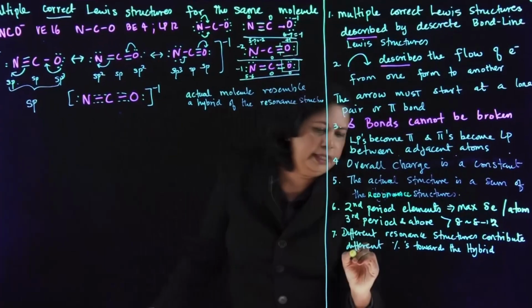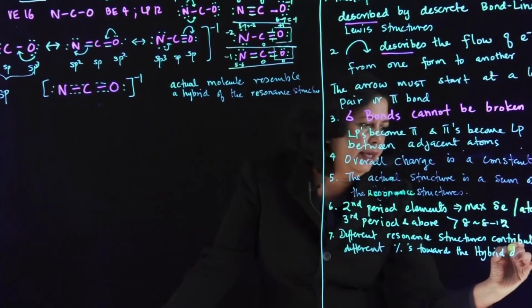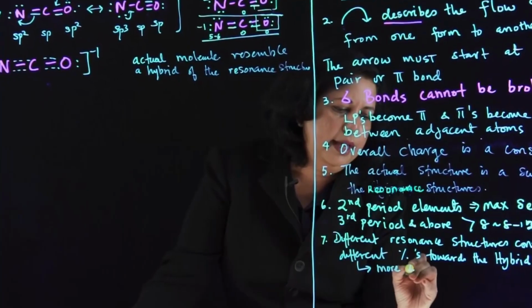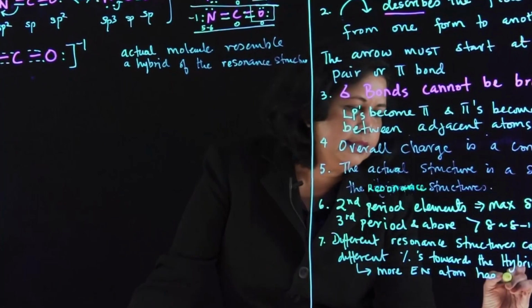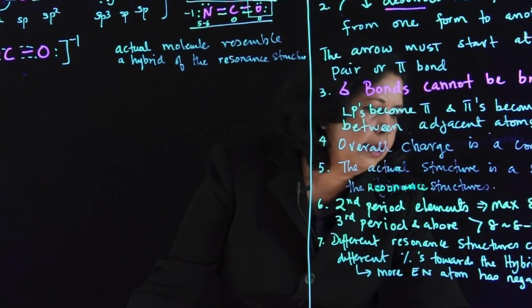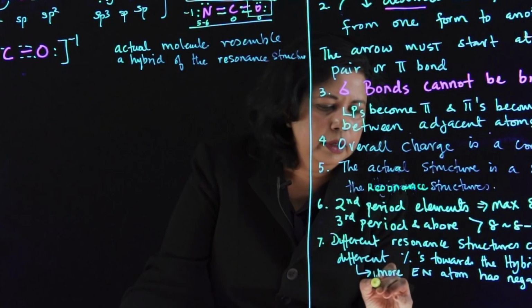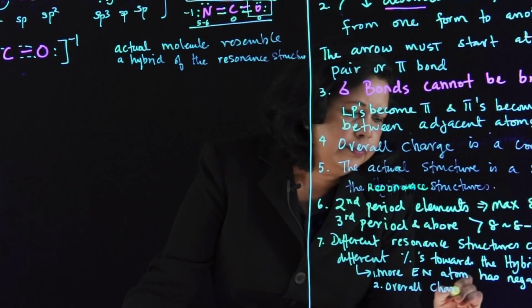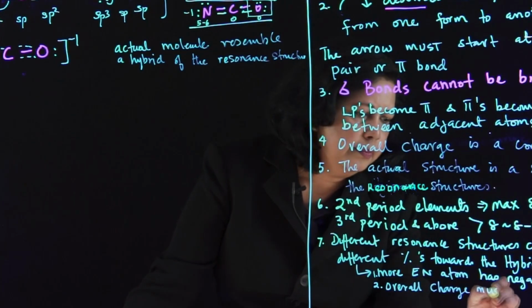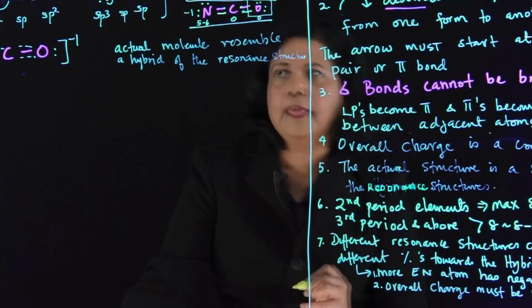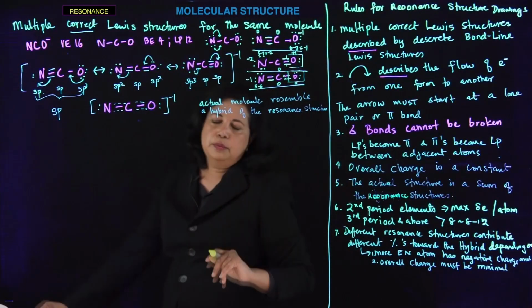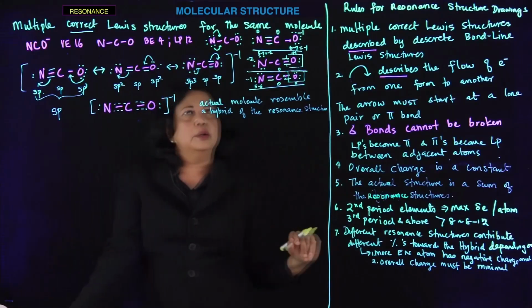So two things basically: one, the more electronegative atom has the negative charge, and two, the overall charge must be minimal. So here individual charges on atoms shouldn't really exceed more than +1 or -1.